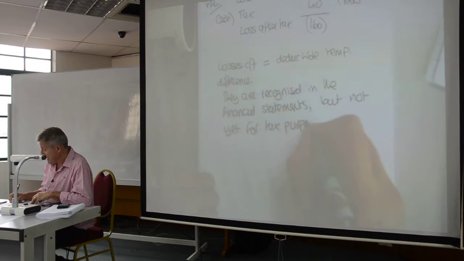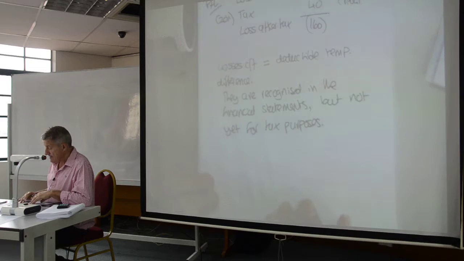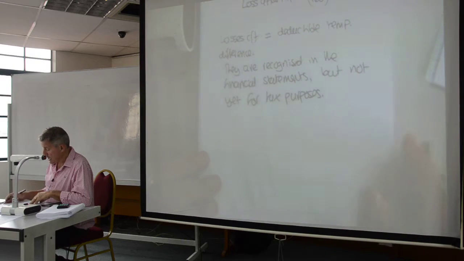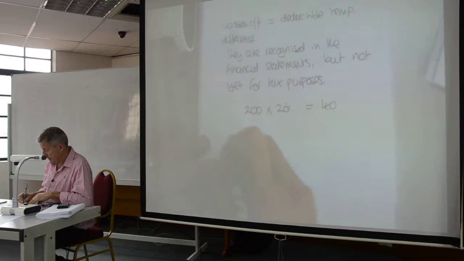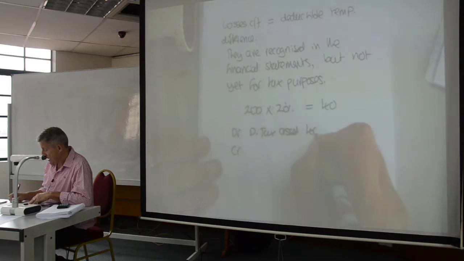So they don't have a taxation base. So 200 times 20% gives you 40. So you debit your deferred tax asset by 40, and you credit your profit and loss account tax by 40.